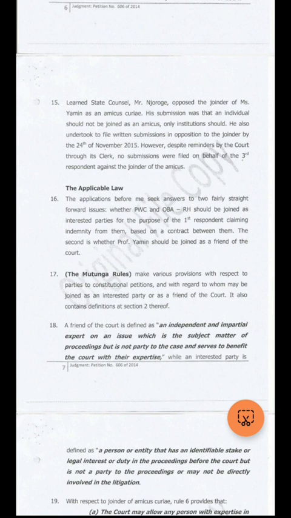The applications before me seek answers to two fairly straightforward issues: whether the PwC should be joined as interested party or as a friend of the court. Ukisoma hapo chini. So in this case, the magistrates analyzes so well this issue. Unaona hii issue yenye huyu client ameshindwa, tajiri sana, ameshindwa kudistinguish from hapa number 16.